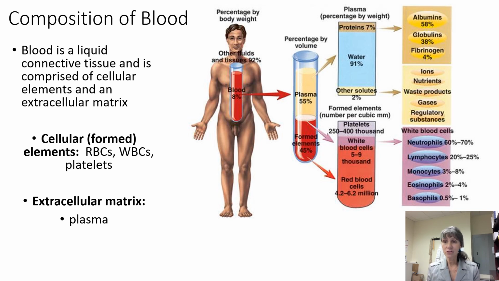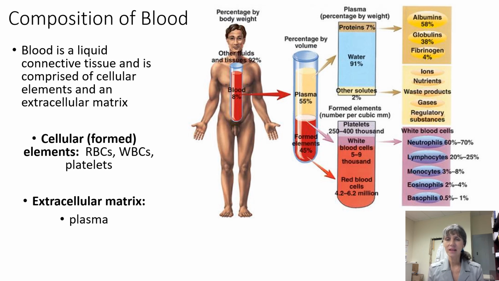In blood, we refer to cells as formed elements, and those formed elements include red blood cells, known as erythrocytes, white blood cells, known as leukocytes, and platelets, which are broken down pieces of thrombocytes. The body has to make cells. That's why they're called formed elements. The body formed them.